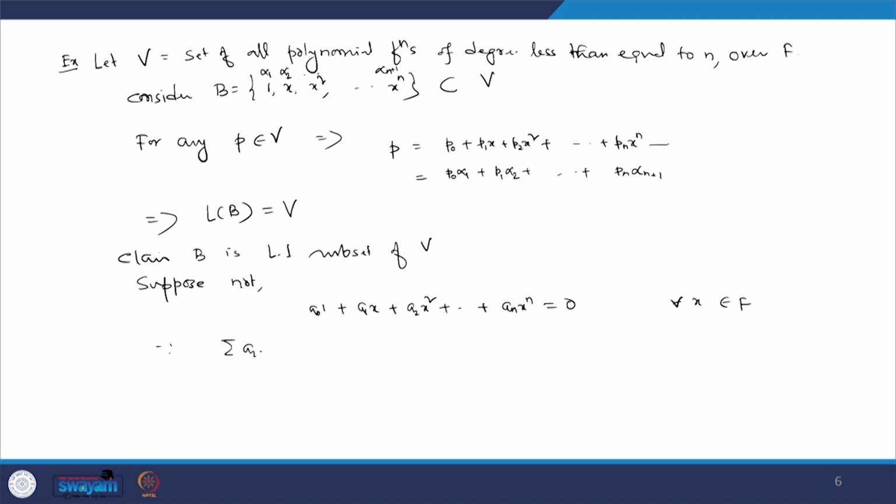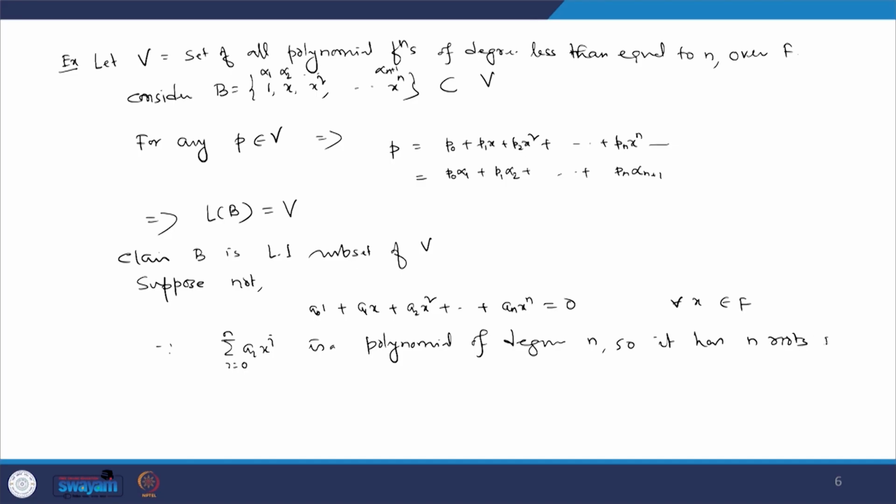Since the sum of a i x to the power i, i equal to 0 to n, is a polynomial of degree n, it has at most n roots.